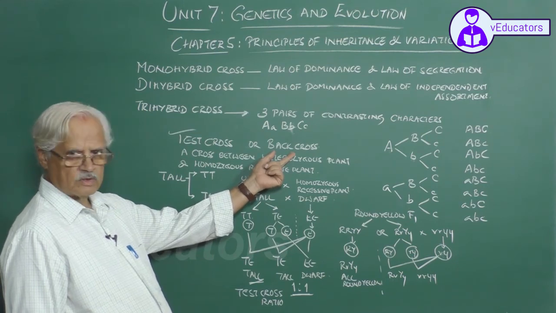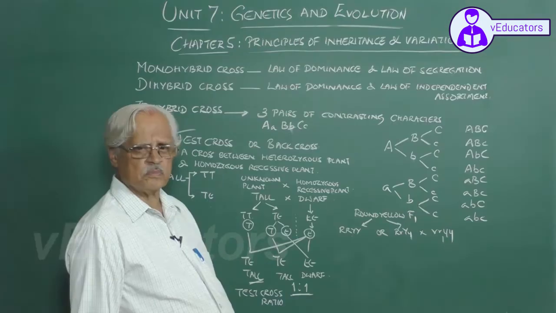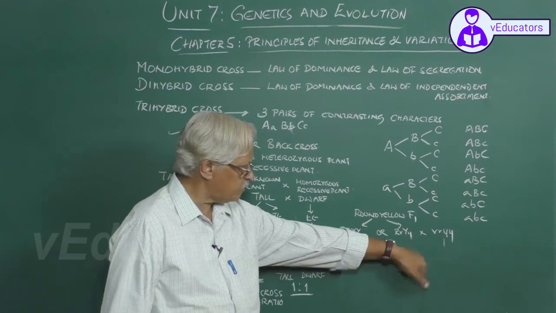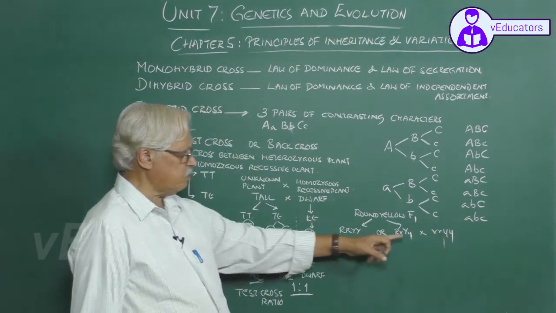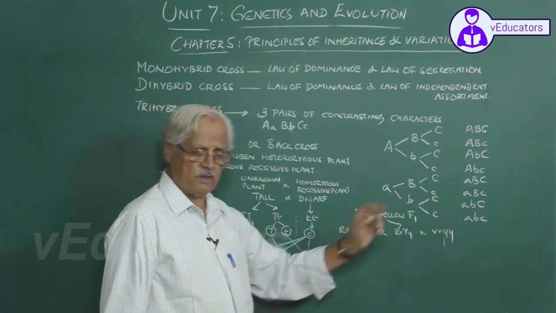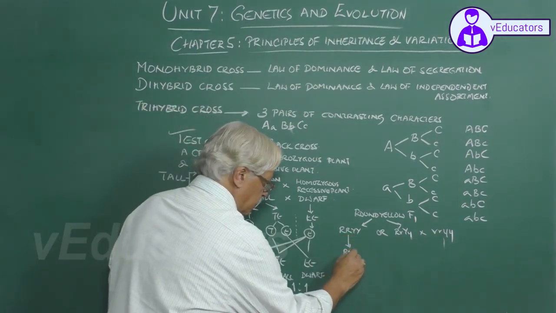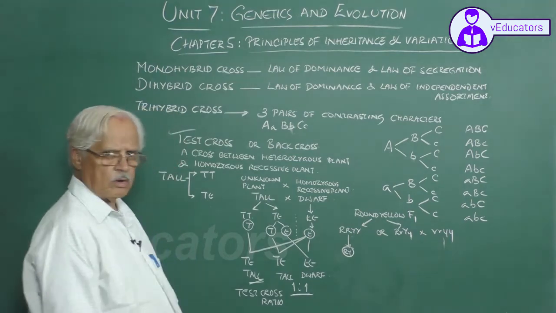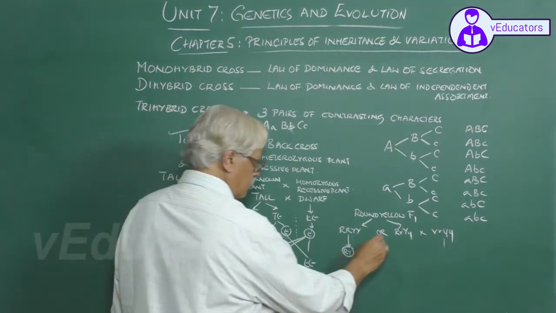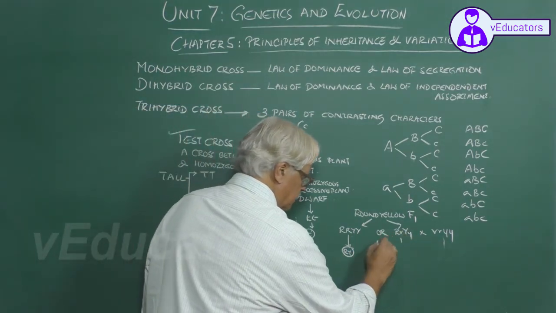Sometimes it is also called a back cross. Suppose it is crossed with a homozygous recessive plant, small r small r, small y small y. This produces only one type of gamete, small r small y. But here the other plant is heterozygous.